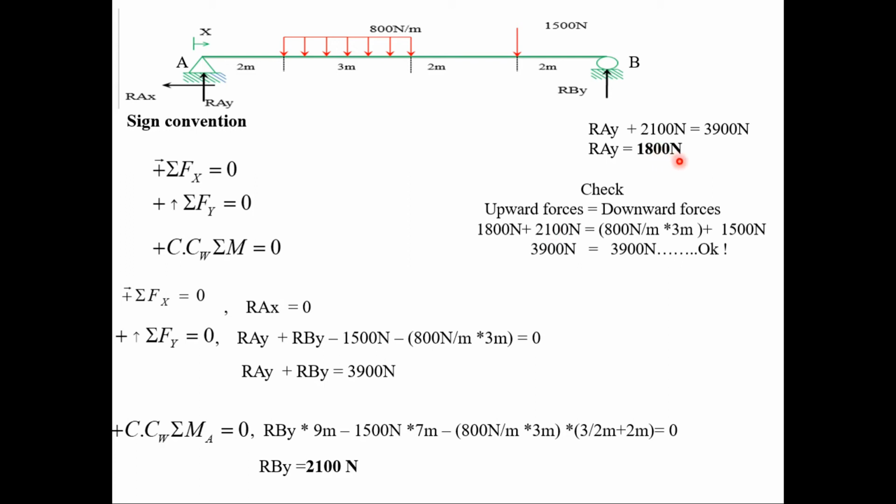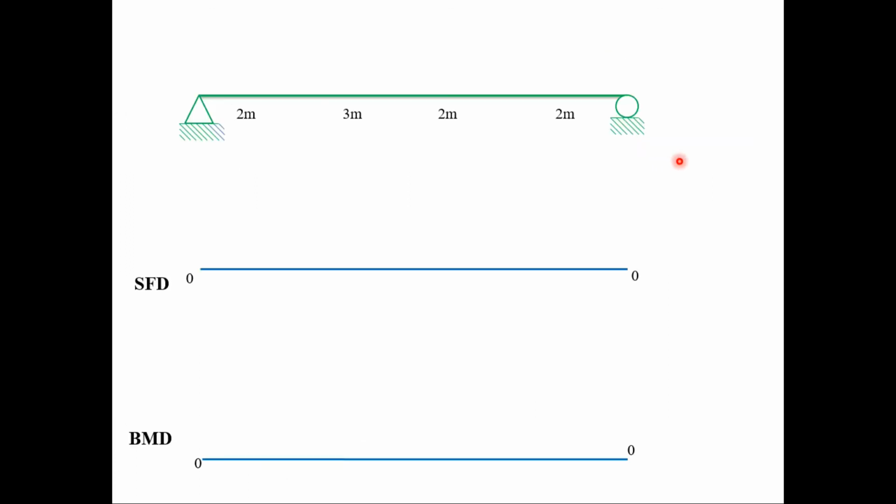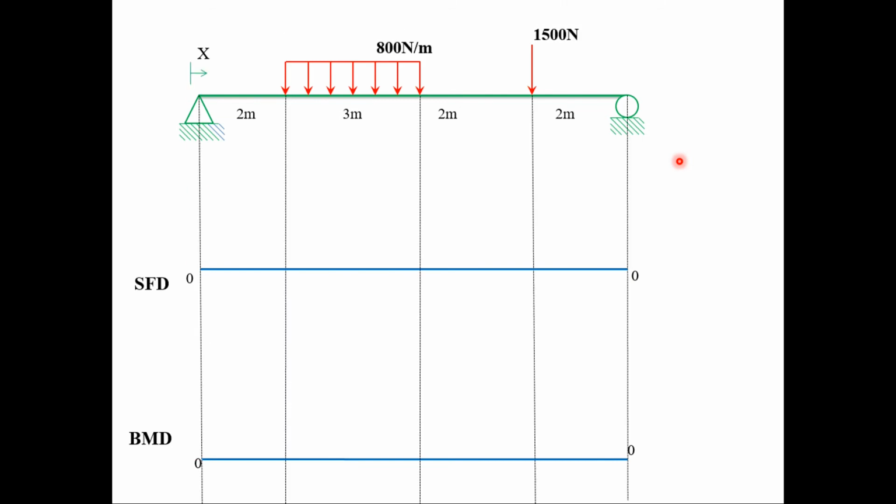So let's plot shear force and bending moment diagram. So always shear force and bending moment diagram starts from neutral axis with values 0. So what we'll do is we'll assign these reactions. So at x is equal to 0, we have a reaction RAY, which is 1800 Newton acting vertically upward.